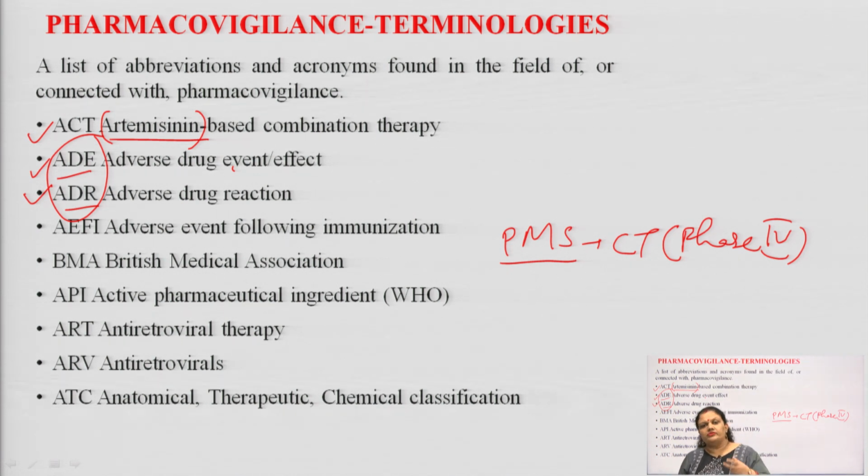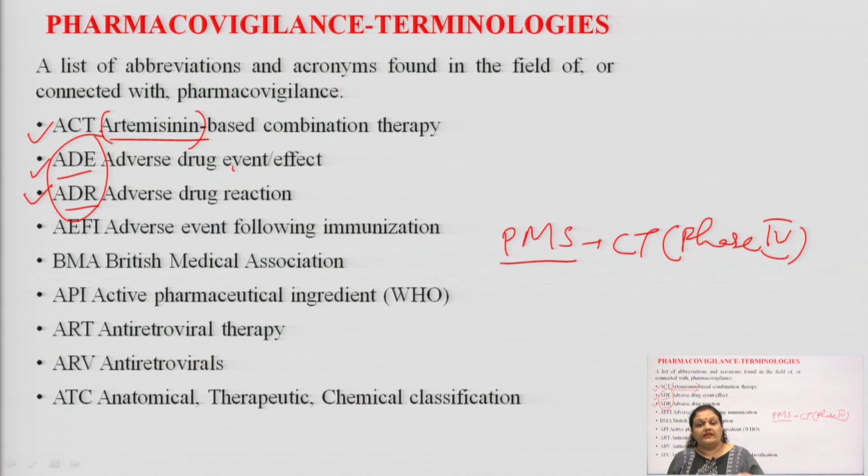After that it produces two types of effects. One is the desirable, therapeutic pharmacological effect, and the second is the undesirable, unwanted, toxic, lethal effect. So adverse drug reaction means an unpleasant, noxious response from the medicament that we do not want.